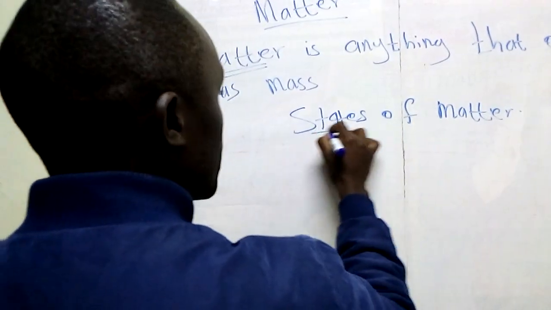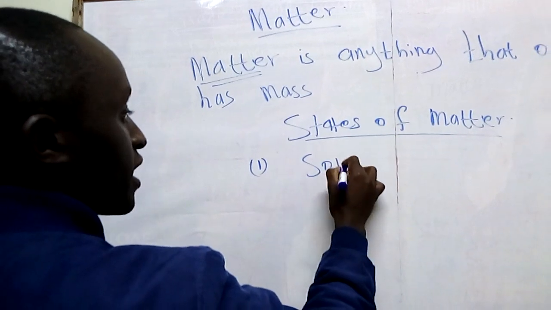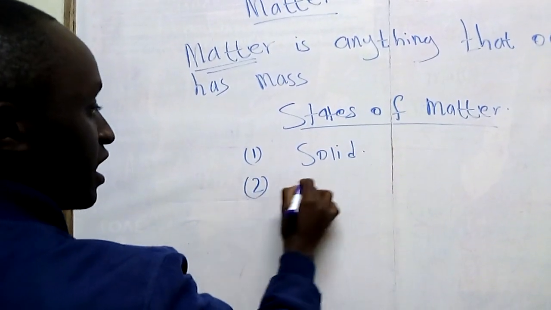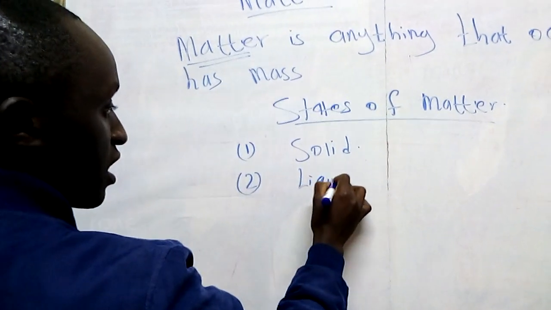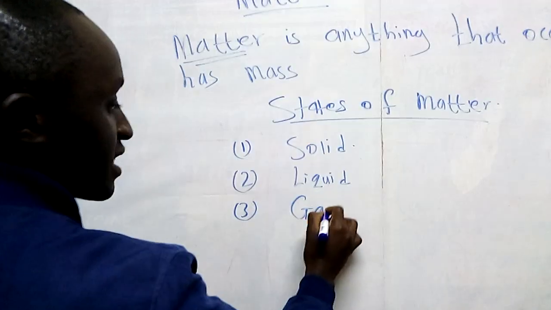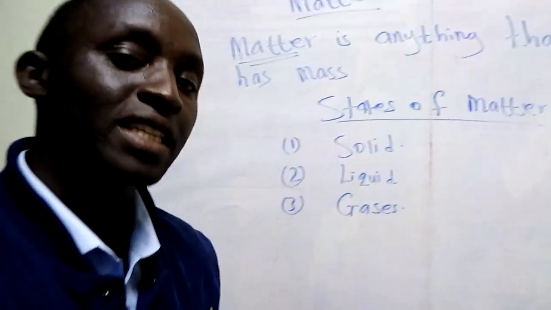The first one is known as solid. The second one is known as liquid, and the third one is known as gases. These are the three states of matter.